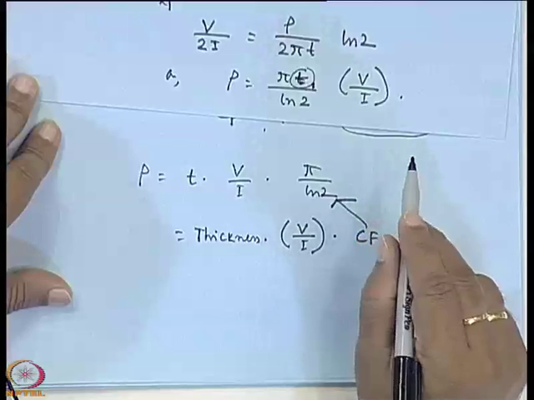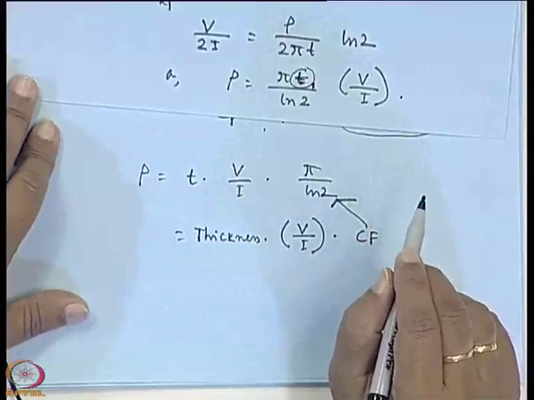The sample may be rectangular, not circular, and the thickness may differ. From plus x to minus x direction there may be some variation of the thickness. Under such circumstances you have to use the correction factor.